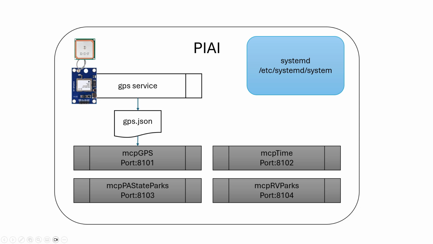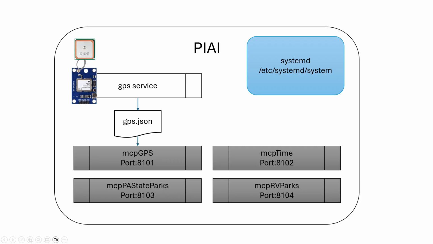On the Pi AI, I'm running everything using systemd, so I've created systemd files that all sit in the standard place, the /etc/systemd/system folder. We can have a look at what they look like to get these fired up. And a note about one more service I run, which is just a GPS service. I just have that running continuously in the background.